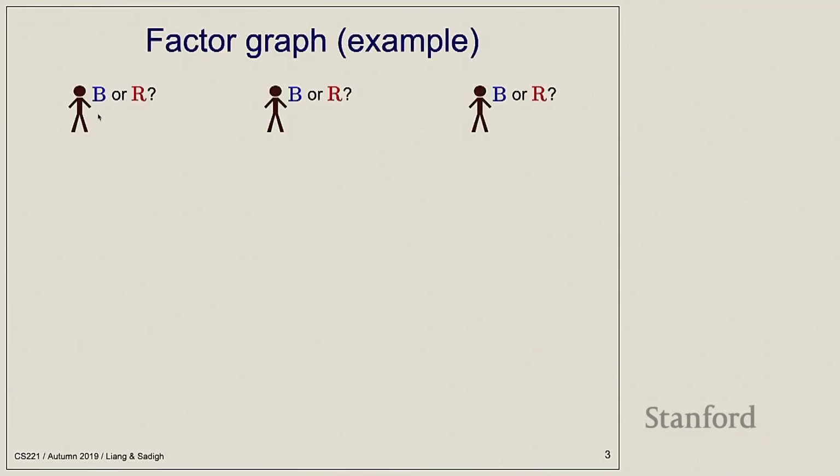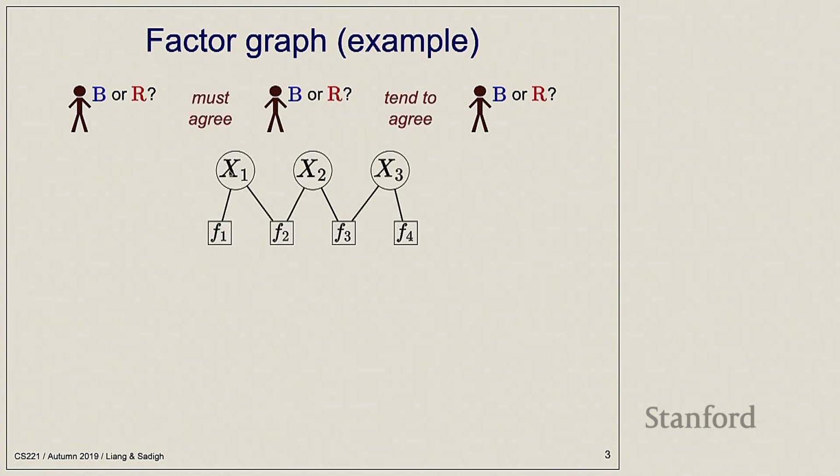So we had this example that we talked about on Monday, and I'm just going to revisit it. In this case, we have variables correspond to people, and there's 3 people. And we know that, first of all, the first 2 people, person 1 and person 2, they have to agree with each other. And then person 2 and person 3, they sometimes agree with each other, but not all the time.